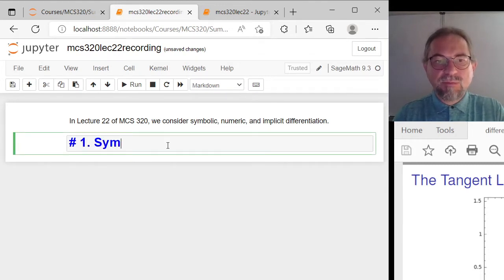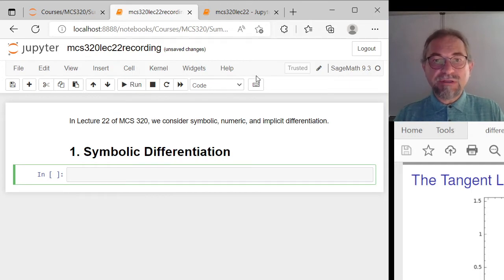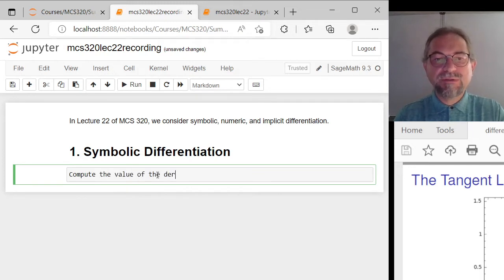Let's start with looking at symbolic differentiation. Remember the two-step process, so let me formulate the calculus problem. Compute the value of the derivative of the expression at x equals 1.